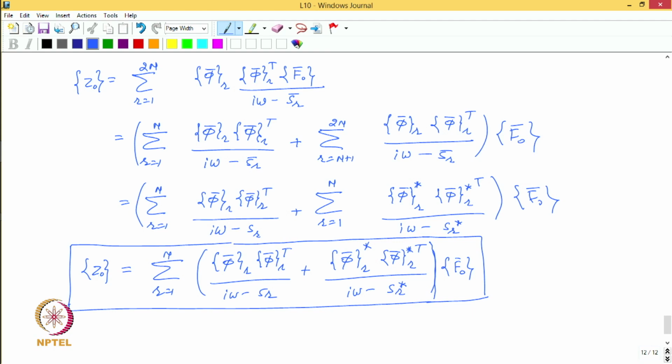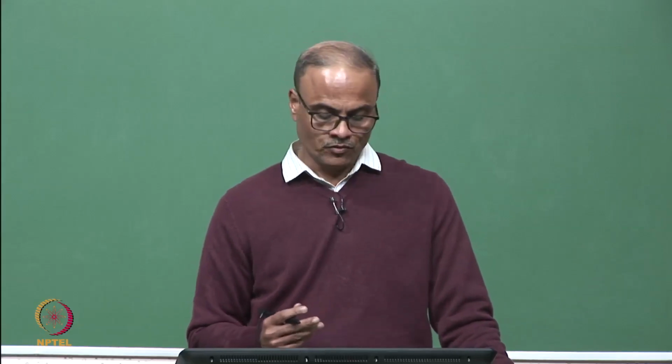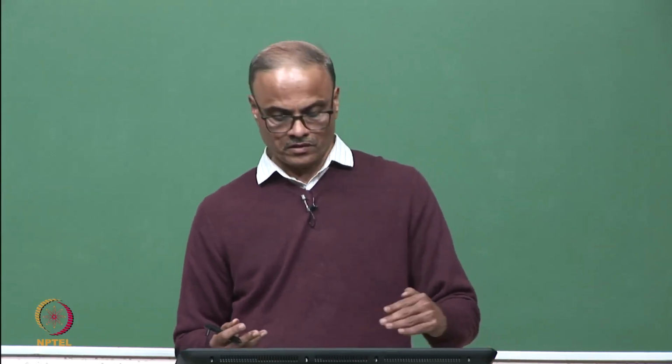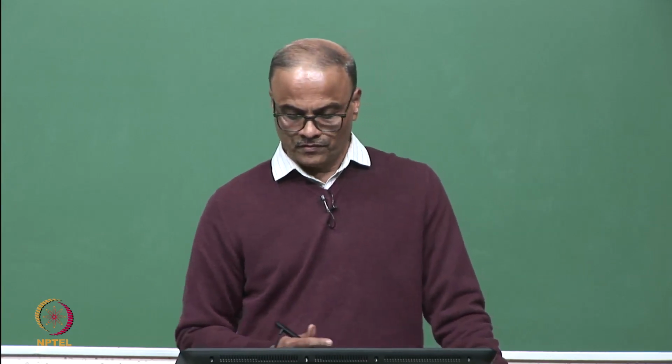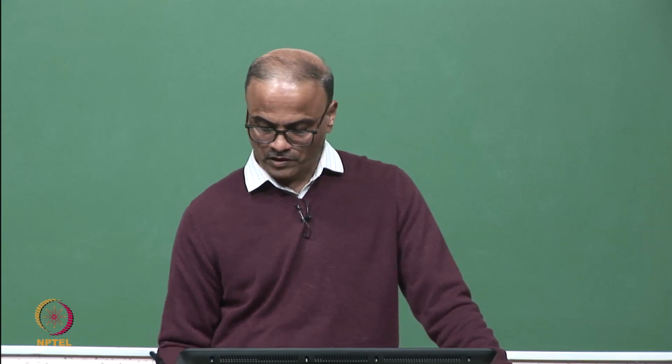So, if we are interested to know the response only at the displacement coordinates, which means we want to know the displacement part of the response, then we need to simply pick up the first n coordinates from the vector z. That would give us the displacement response.